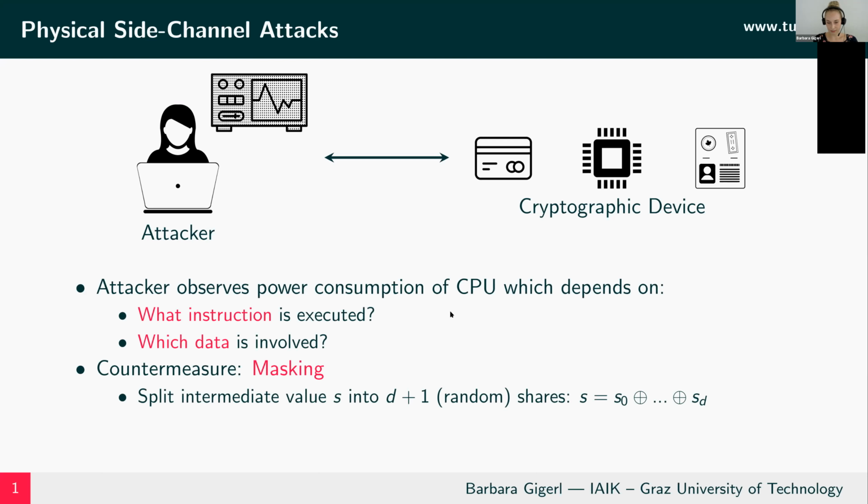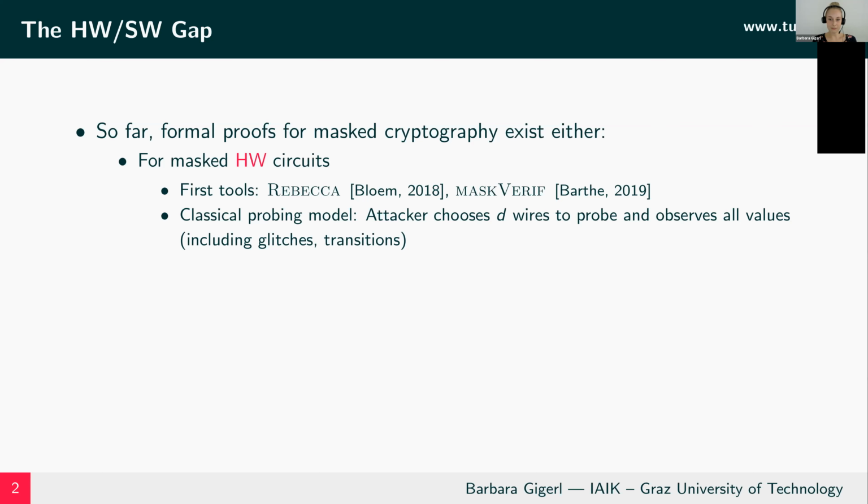In the classical probing model, the attacker has probes, and these probes can be distributed onto the gates. The probes will then deliver the values which are computed by these gates to the attacker. Most importantly, this includes glitches and transitions, which might be visible on a certain wire which is being probed.